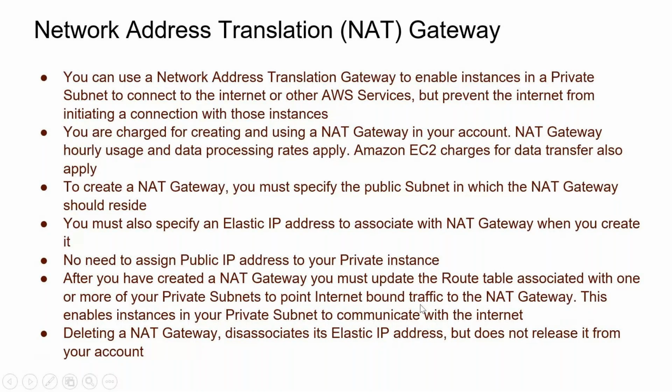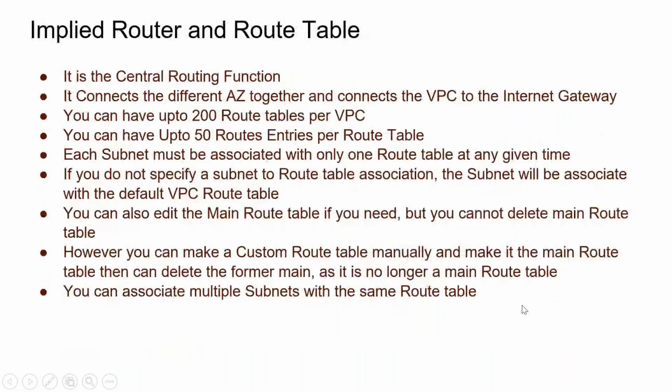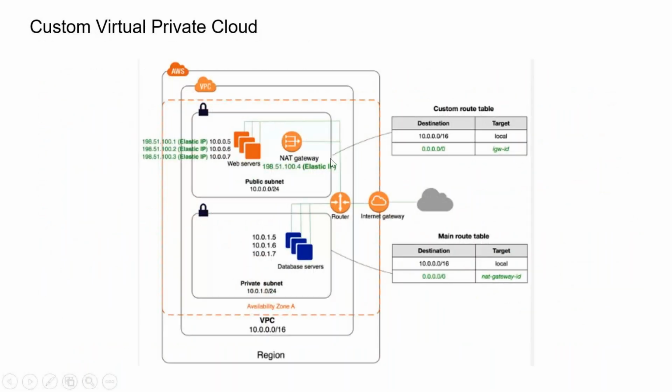What does this statement mean? It's saying that once the NAT gateway is created, an entry should be added into the route table like this: 0.0.0.0/0 NAT gateway ID. So the ID of the NAT gateway you created should be added into the route table which is connected to the private subnet. That entry you have to add.